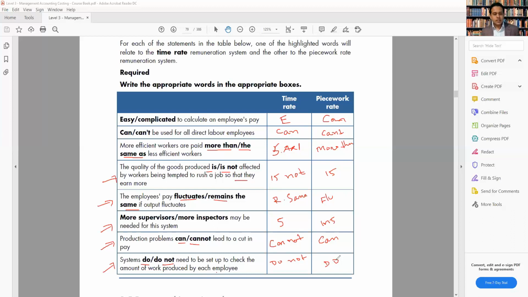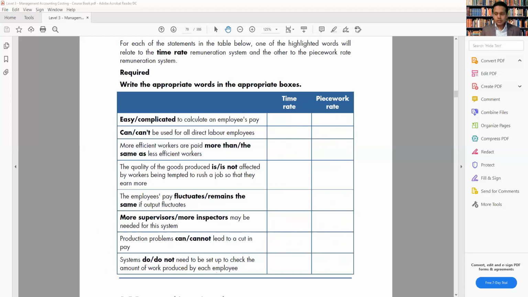We have to have a system to check the work produced by each employee, so we need to record how many units you have done. In the time rate, we just check the hours, so we don't have to worry about it. So this is just understanding, it's not something difficult. Let's move on to the next question.